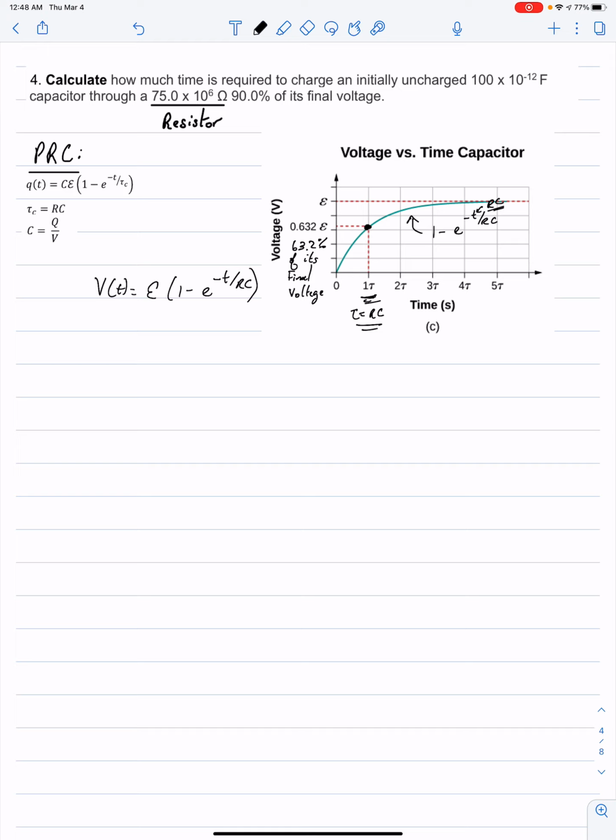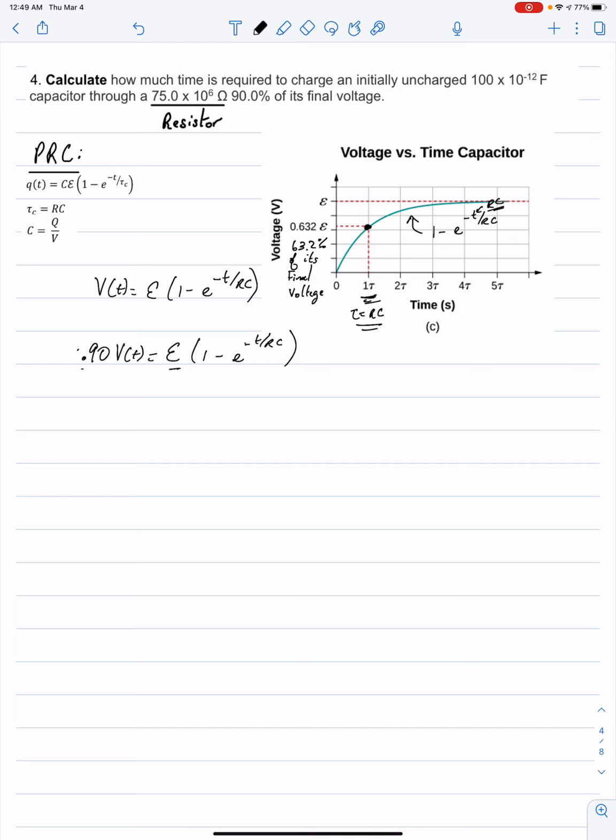Now, in this one, it's saying the voltage is actually at 90% of its final voltage. This is actually saying that 0.90 of its final voltage equals EMF times 1 minus e to the negative t over RC.